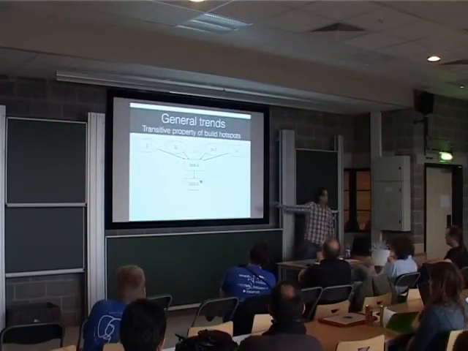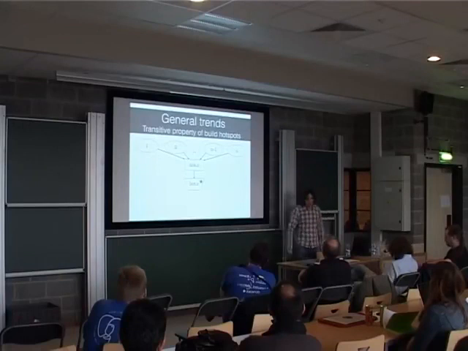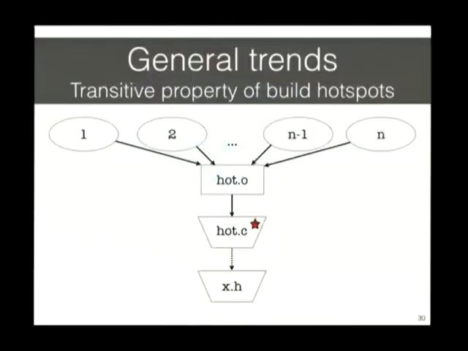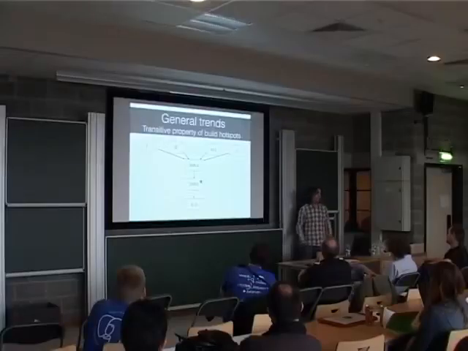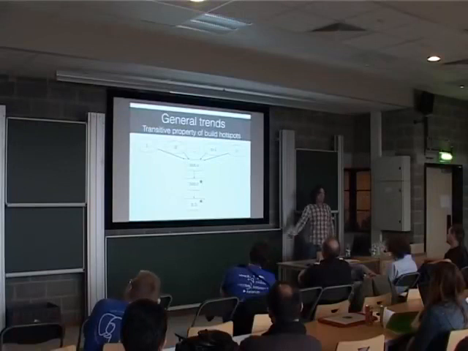So this C file here would be considered a hotspot. But if this C file ended up including a header file, changing this header file can trigger the same amount of build activity. So it's going to end up having to recompile that object file, relink everything. And now if this header file also changes frequently, it's also going to be a hotspot.